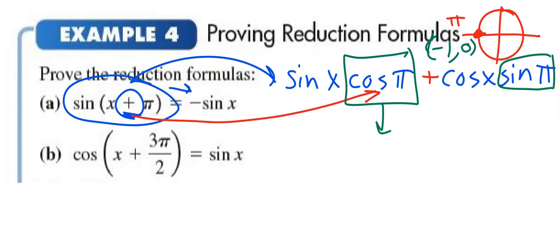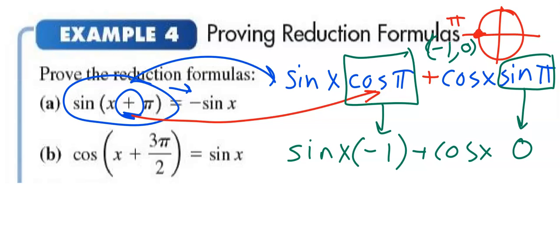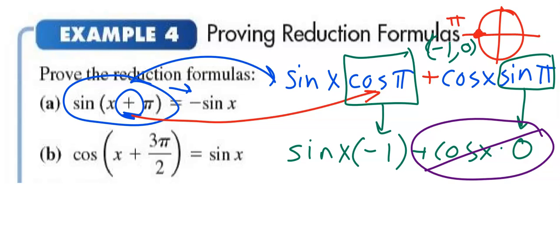I am really hoping that you replaced that with -1. And I'm really hoping that you replaced this with 0. And yes, you need to show the steps. I understand, folks, that your very next move is to do what with this term? You're going to get rid of it, right?